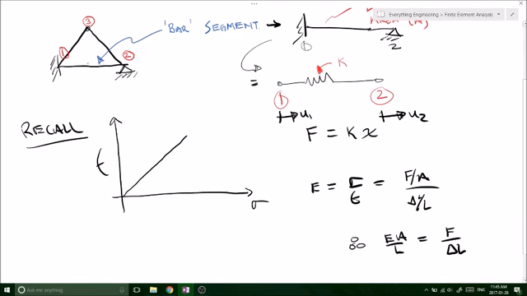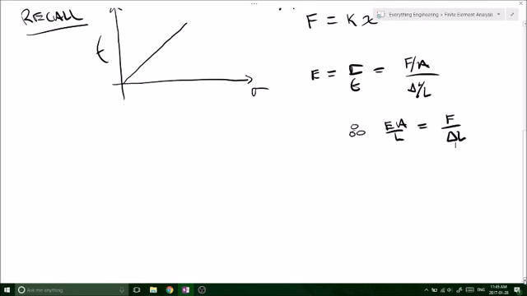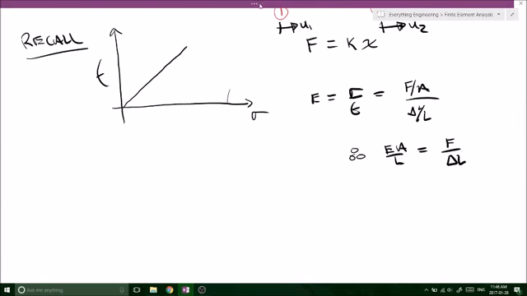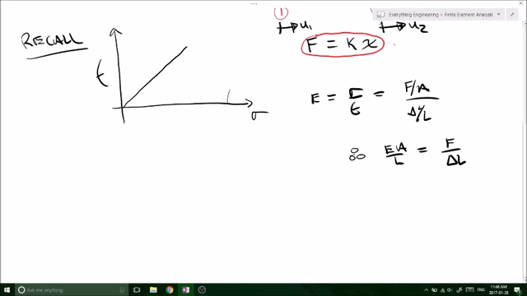Therefore, we've arranged this formula such that EA over L is equal to F over delta L. The significance of that, if you look over here, remember we said that force is equal to K times x, so that can also be written as force is equal to K delta L.